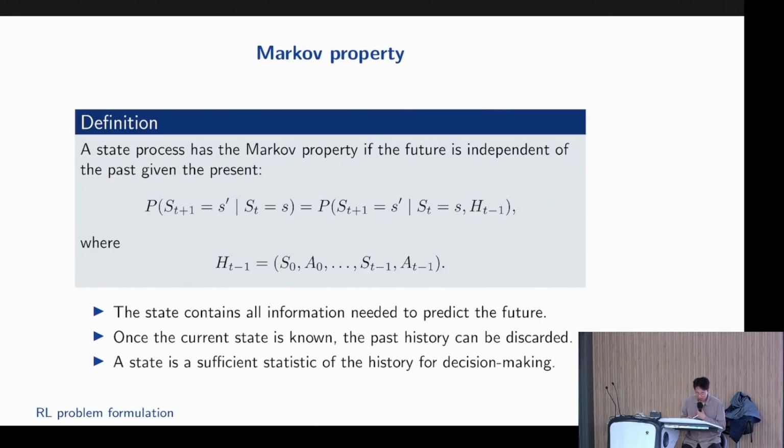Okay, so let's first define the Markov property. A state S_t has the Markov property if the future is independent of the past given the present. So if the distribution of the next state given the current state is the same as the distribution of the next state given the current state and the past, then we say the state process has the Markov property.